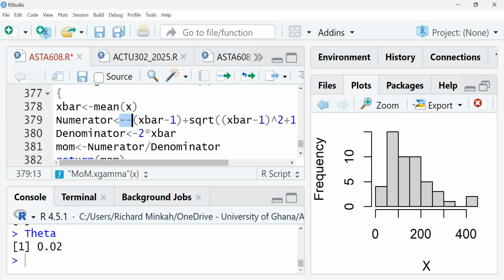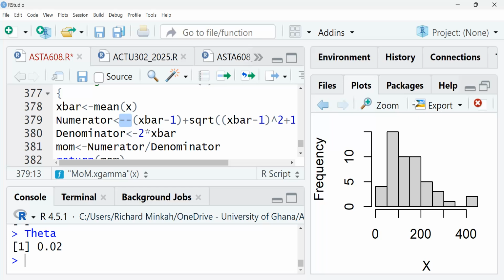Delete one of the negatives. It's just 2 times x. And rerun it. Rerun the function, the mom function. Object X, the small letter.